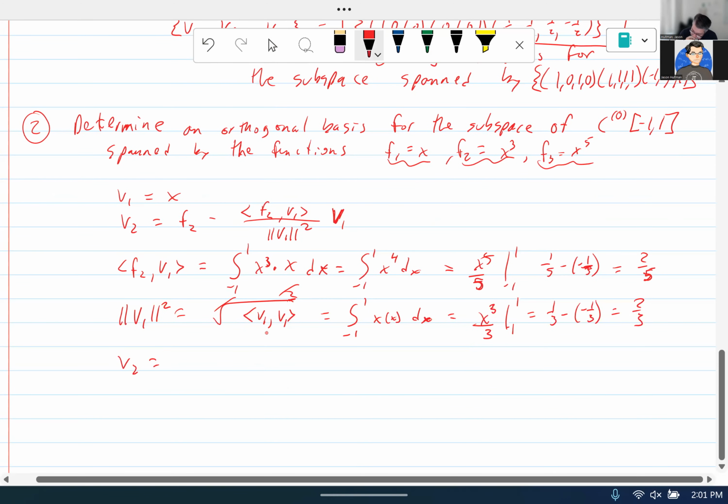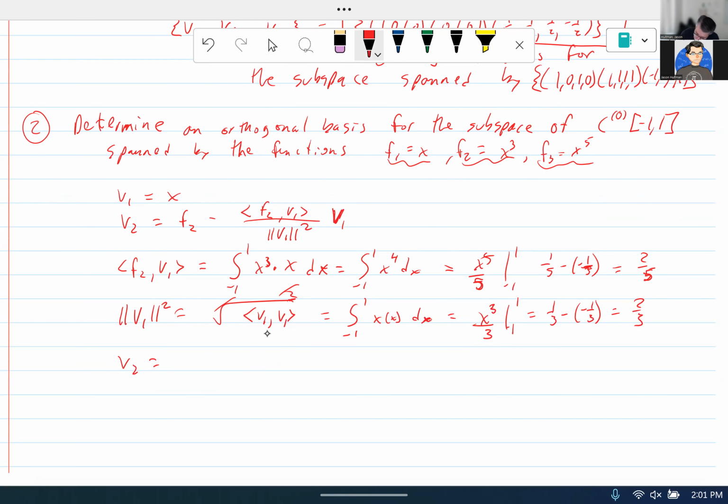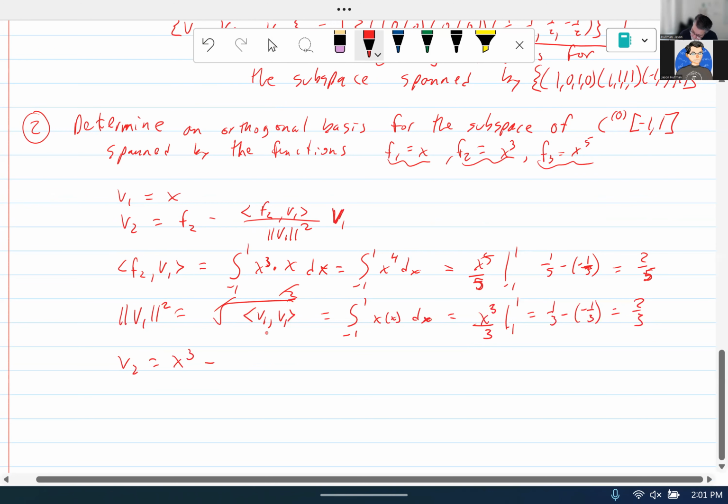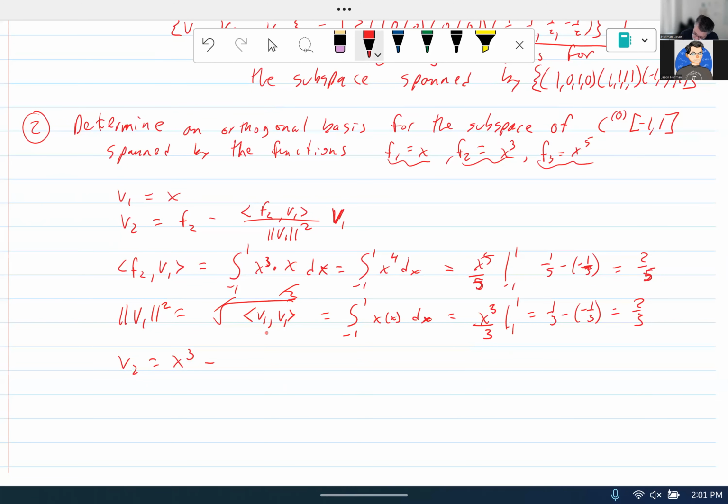v2 is going to be equal to f2, which is x cubed, minus the inner product of f2 and v1, which is 2/5, over the norm of v1 squared, which is 2/3, times v1, but v1 is just x.